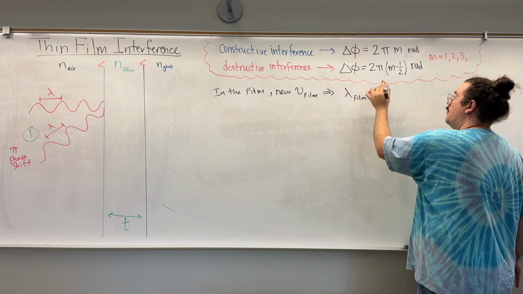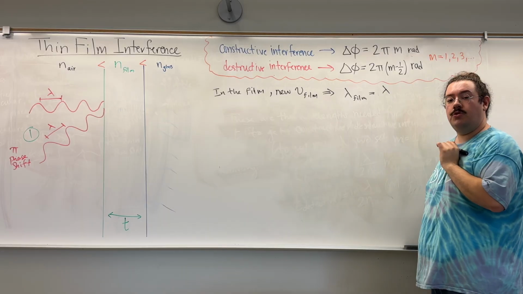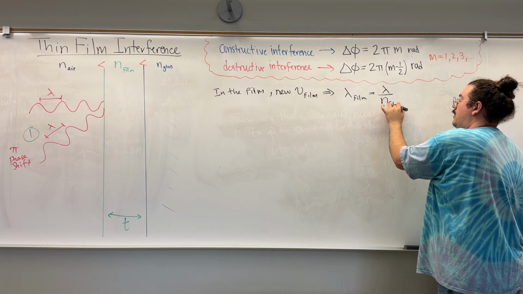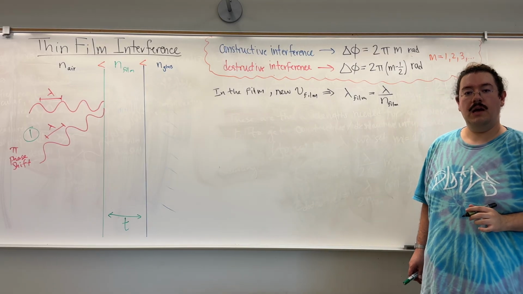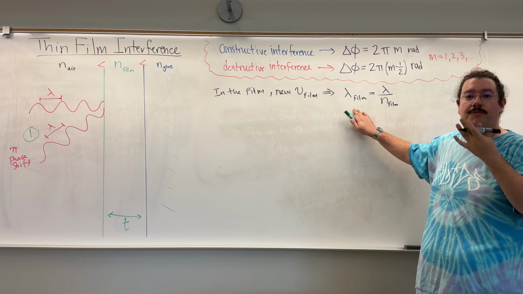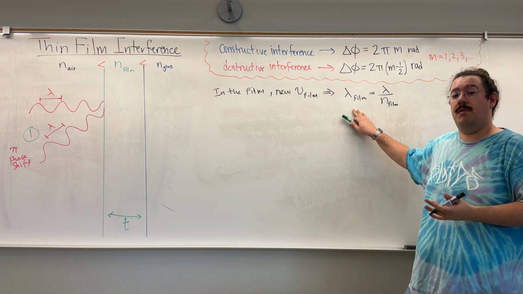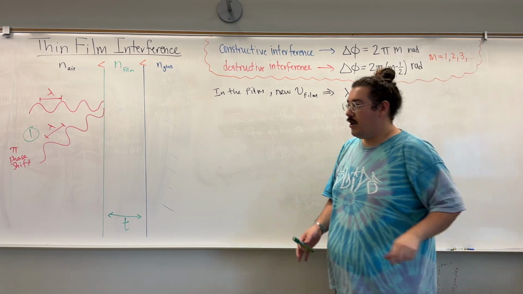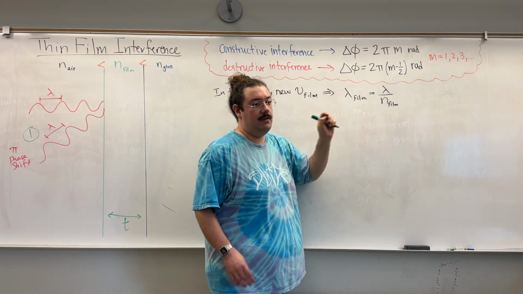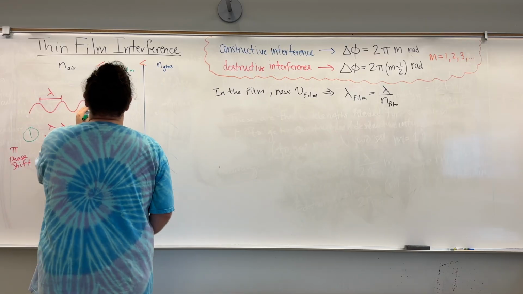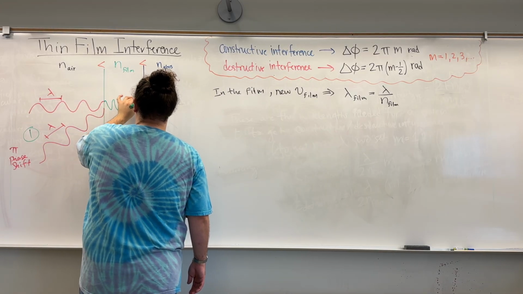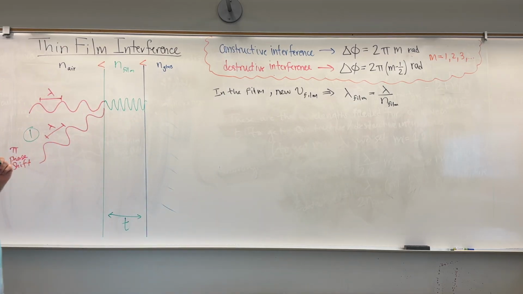This new lambda will be our original lambda divided by the refractive index of the film. Remember, lambda changes, but the frequency, which is the fingerprint of the wave, will remain the same. So let's draw that. Let's say our film index makes the wavelength decrease. So let's draw a smaller wavelength wave going into the film.